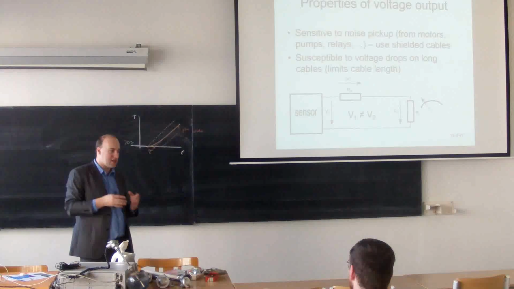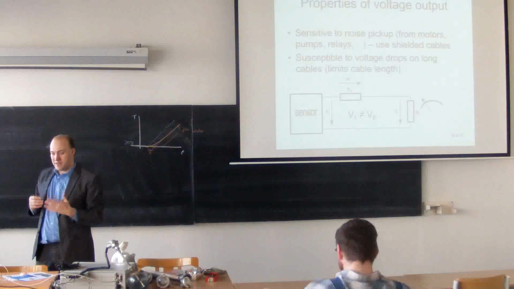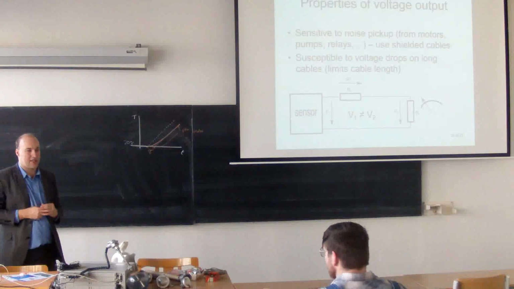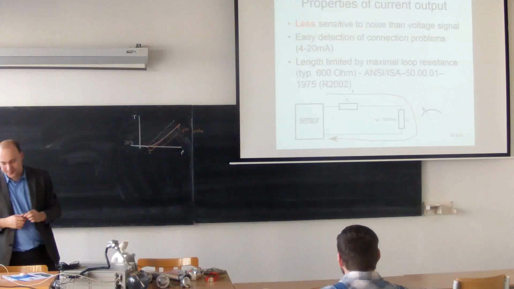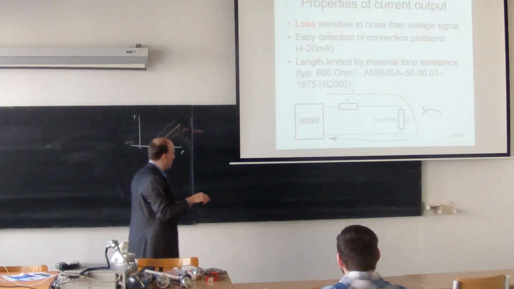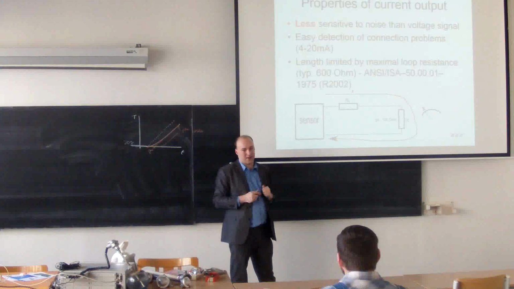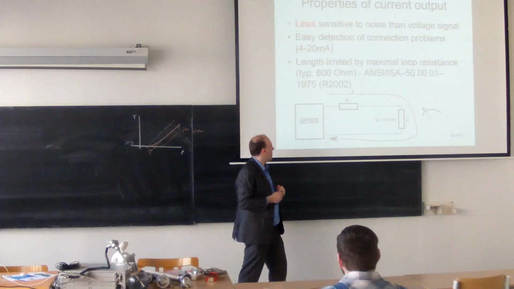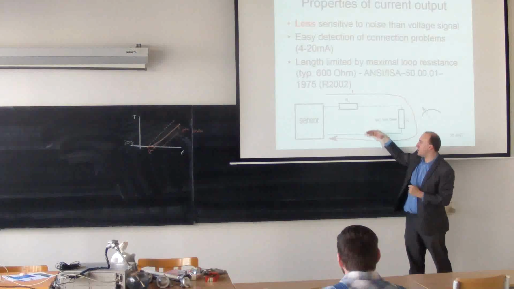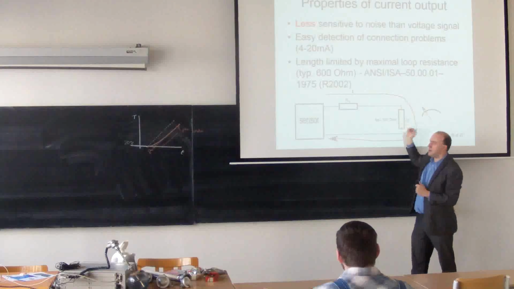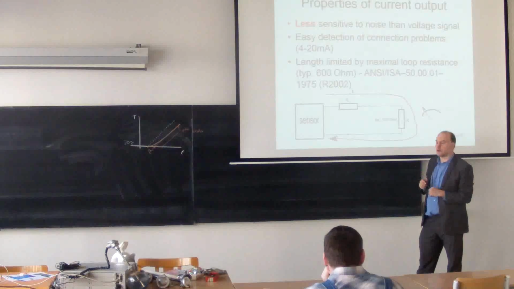But for industrial systems, the better solution is to use a current output. Why? If I have a sensor like that, and I measure current coming from the sensor, what is happening in the loop? Again, there are some wires between the sensor and the meter in this case, or any control system.